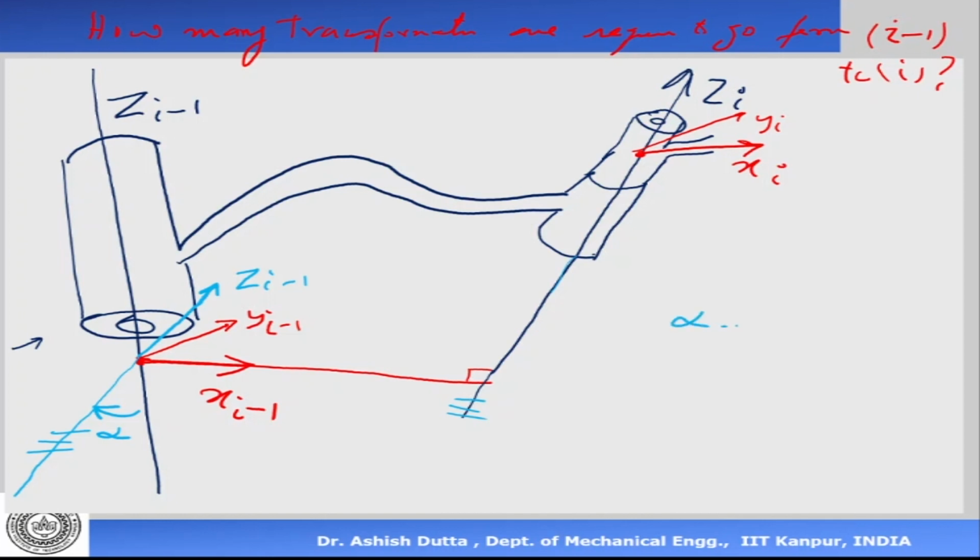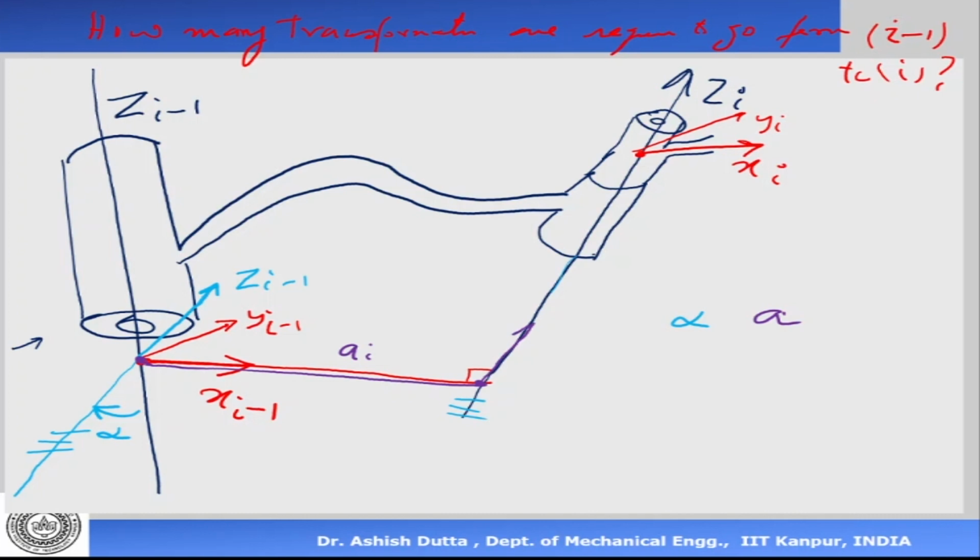Next I move this origin from here to here by a distance a_i. So first is an angle alpha, then a. Now my axis has come here.